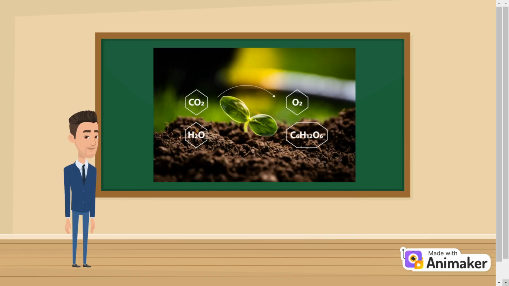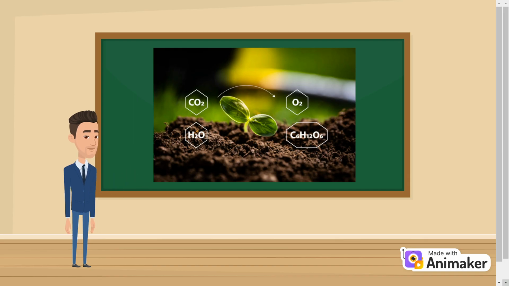Sixth, the process of photosynthesis. Photosynthesis is the process through which plants make their own food. It happens mainly in the leaves, which contain chlorophyll, a green pigment. Here's how it works.